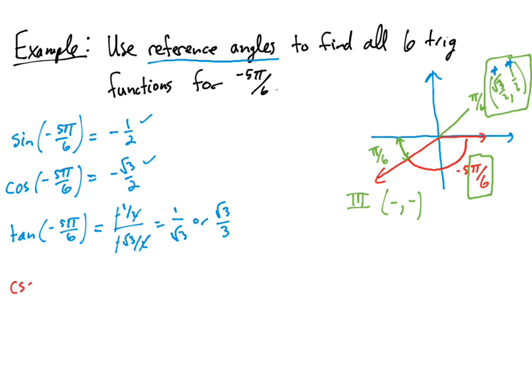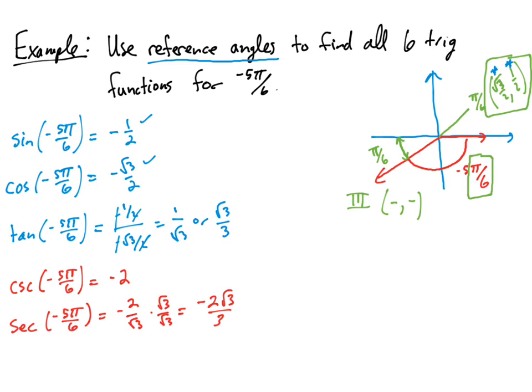So cosecant of -5 pi over 6. This is just the reciprocal of sine, so -2 over 1 or -2. Secant of -5 pi over 6 is the reciprocal of cosine, so -2 over square root 3. If we rationalize, we get -2 square root 3 over 3.